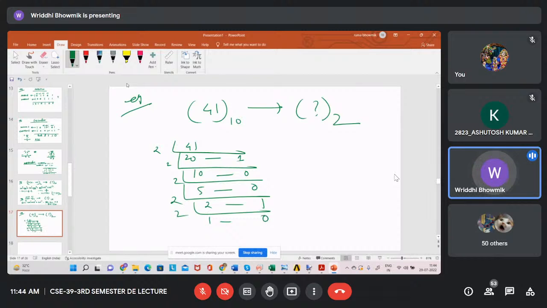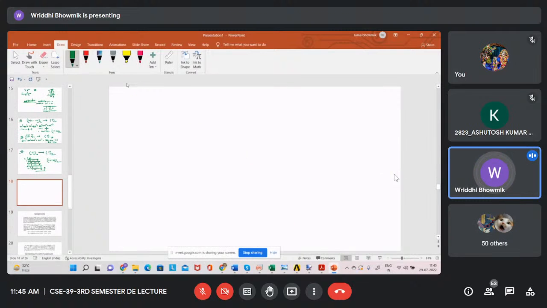And you have to go in this way from this point, from down to up. So you have 1, 0, 1, 0, 0, 1. This is the binary system you can obtain from the division of the 41 by 2. Okay. Now another example.